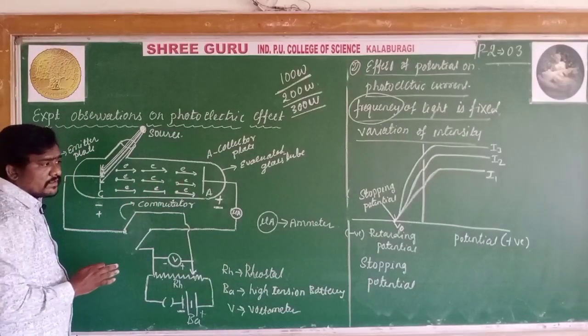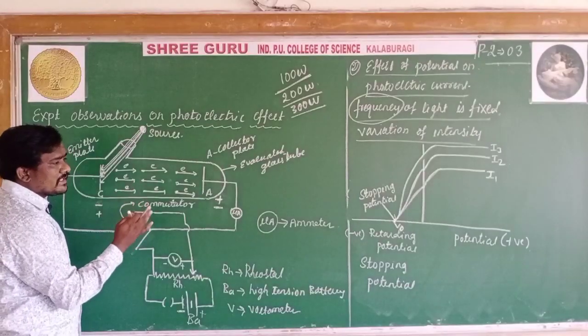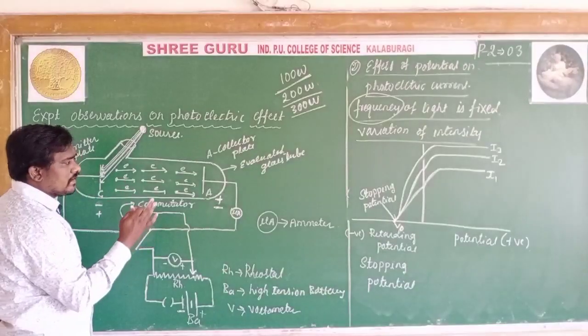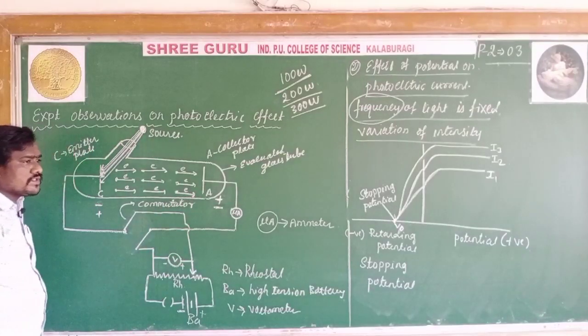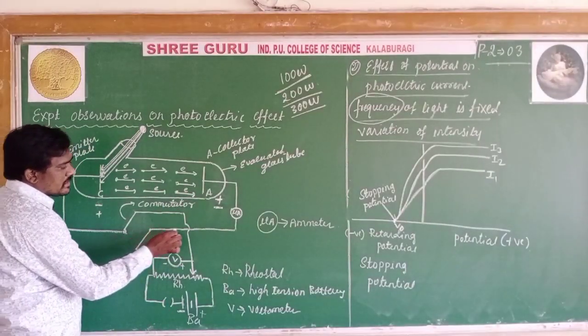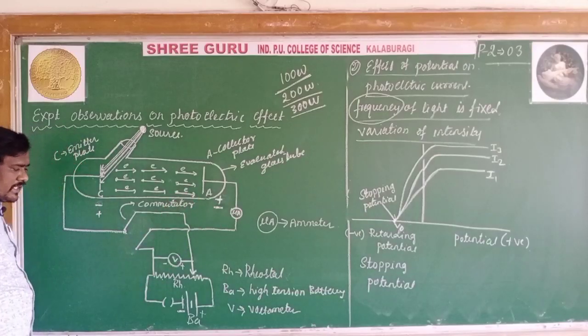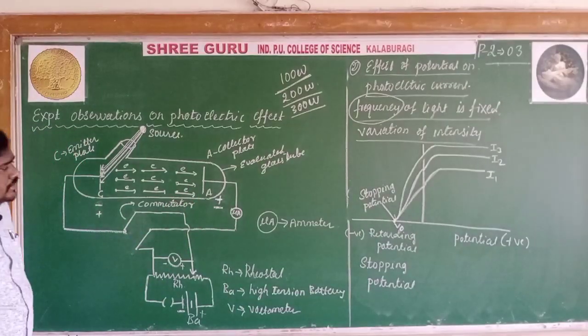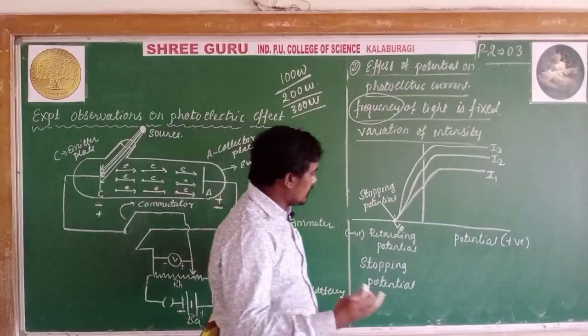What happens? The photoelectric current decreases and goes to 0. The negative anode potential given to the anode plate causes the retarding potential.